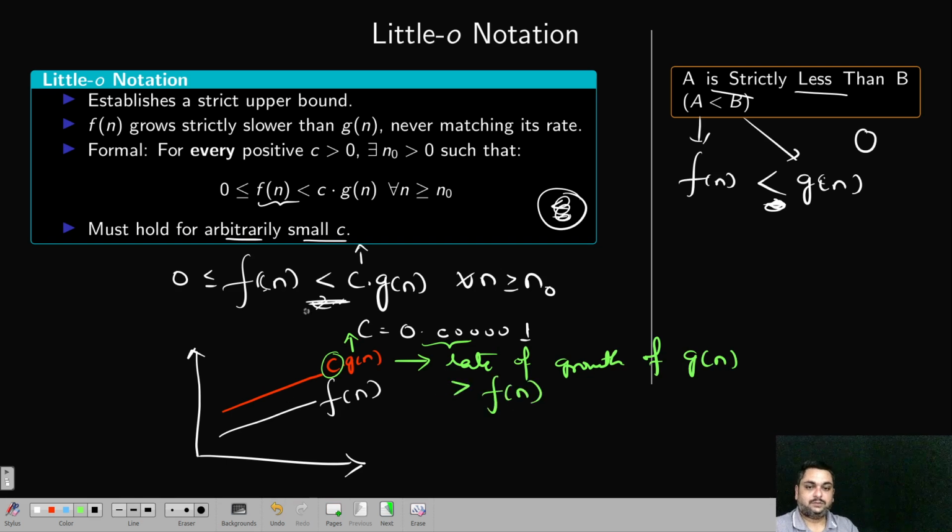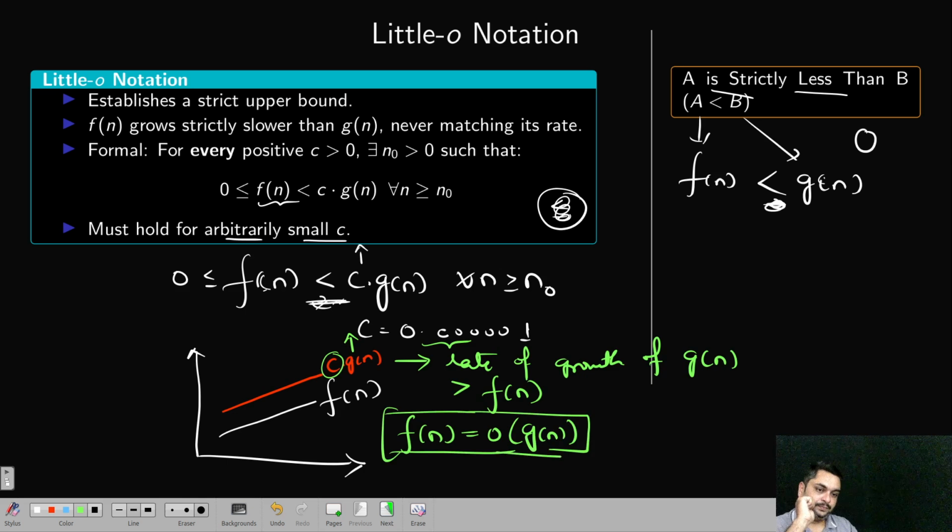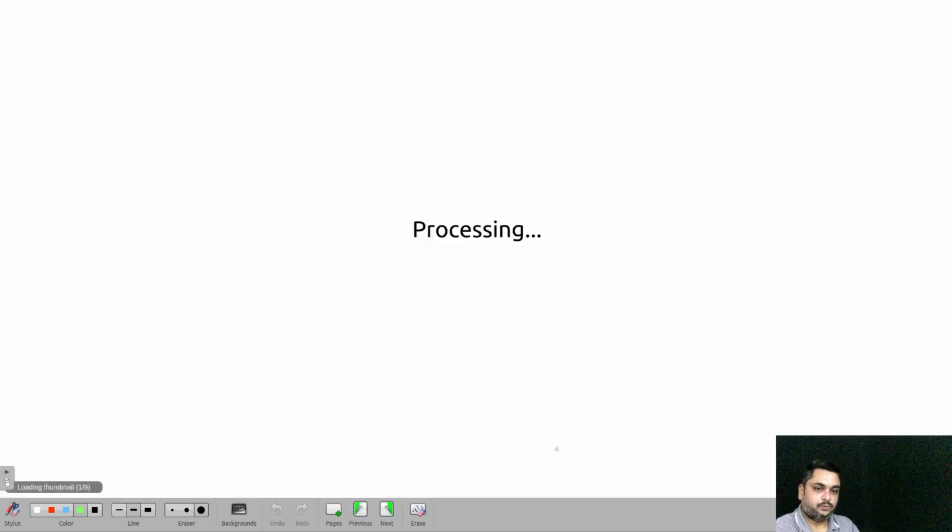That is the meaning. There is no equality here. This means the function g of n always grows faster compared to f of n, very much faster. In the next slide we'll see how we calculate that relative rate. Then we can say in this case f of n is equal to small o of g of n. So how to find it? We'll see a method. This is the first basic definition, or concept, of little o notation.